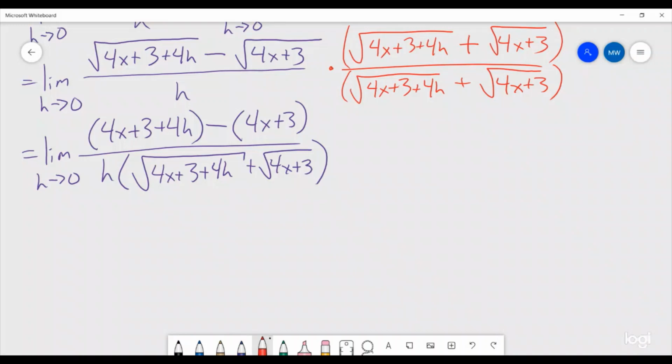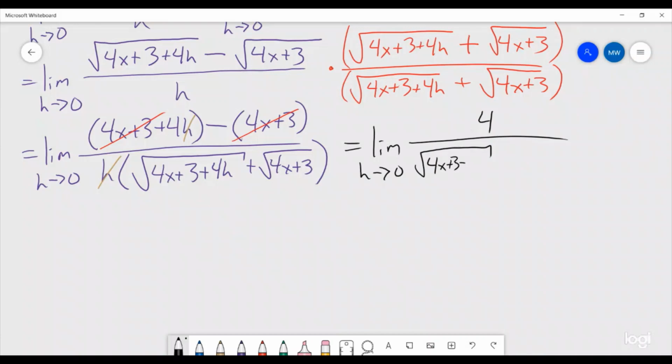Well, if we distribute out the top, it turns out that this 4x plus 3 cancels with this 4x plus 3, and all we're left with is 4h on the top, which can then have that h and this h cancel. So this is now just the limit as h goes to 0 of 4 divided by the square root of 4x plus 3 plus 4h, plus the square root of 4x plus 3.